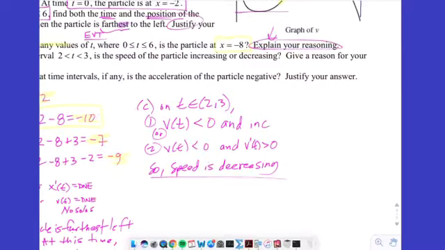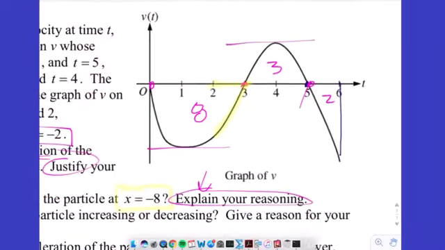Now remember, there was an easier way to tell, and believe it or not, the justification would still work, but I'm not a big fan of it. Anytime your velocity graph is moving towards the t-axis, whether it's approaching the t-axis from below, like it is from 2 to 3, or from above, like 4 to 5, your velocities are approaching 0 and the speed is decreasing.